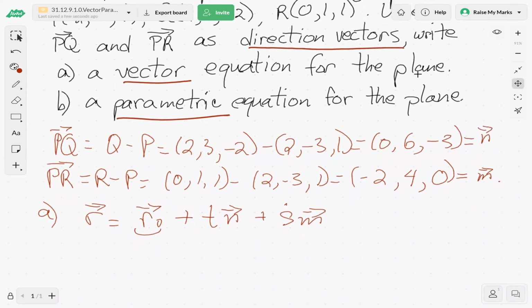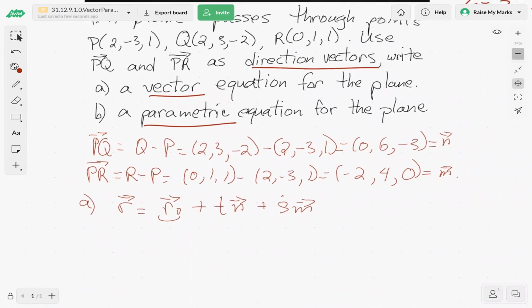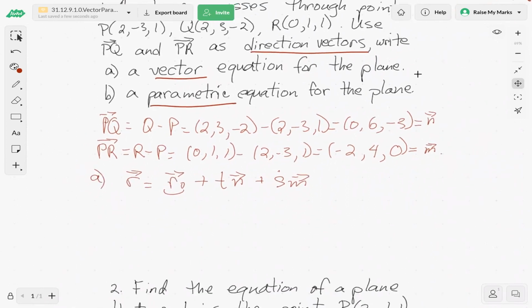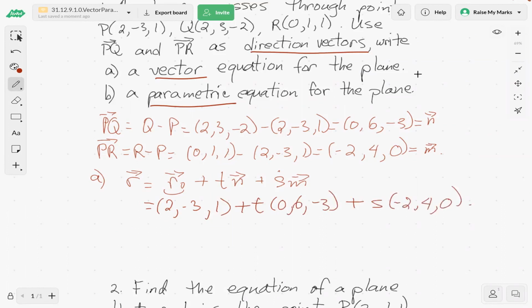So let's pick P. P is as good as any. Our coordinate vector for P is (2, -3, 1), plus T times our N vector, which is (0, 6, -3), plus parameter S times our M direction vector, (-2, 4, 0). That's our vector equation for the plane.